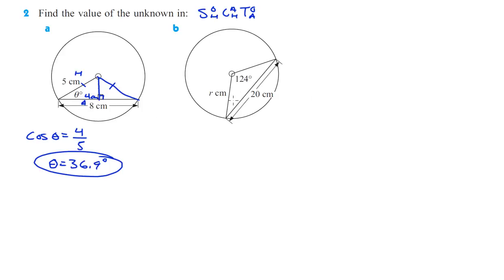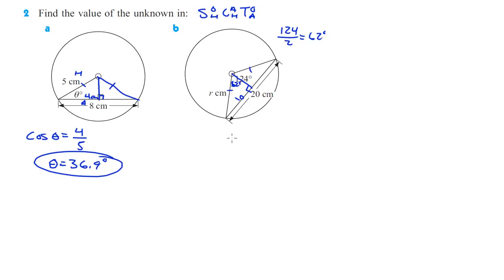Okay. B is a similar type idea. These are both the same. So if we take this and draw that straight down here, we cut this exactly in half. So we can say this is 10. And then this angle also gets cut exactly in half. So if we take 124 and divide it by 2, we get 62 degrees for each of those.